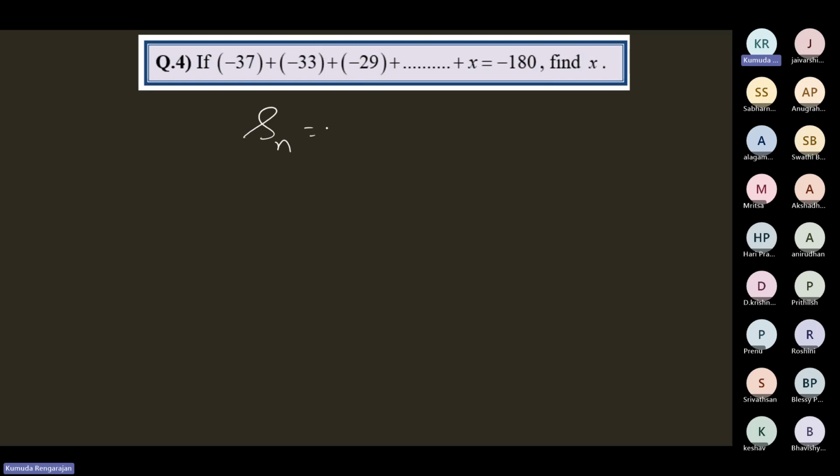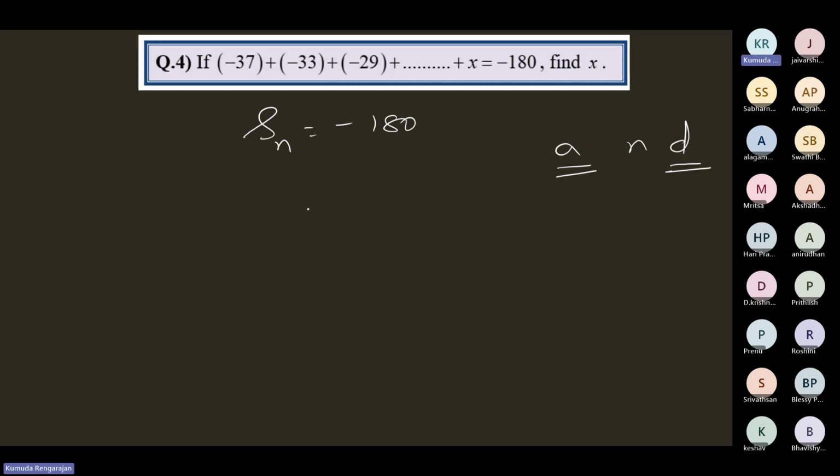So you should have worked like this. Sum to n terms is equal to minus 180. See, a, n, and d. You know the value of a, you know the value of d. In an equation, supposing there are five unknowns, but you know the values of 4 of them, you can find the fifth one. In the Sn formula, we have 3 unknowns, a, n, and d.